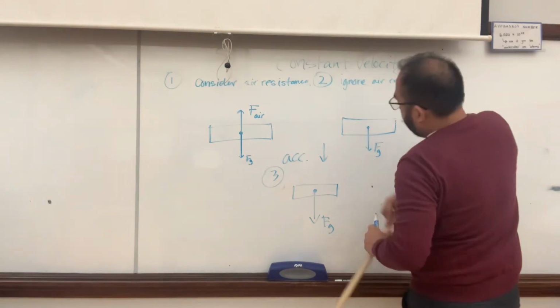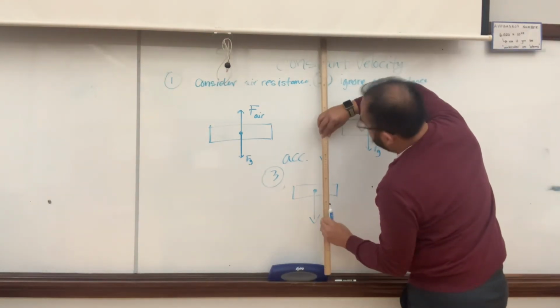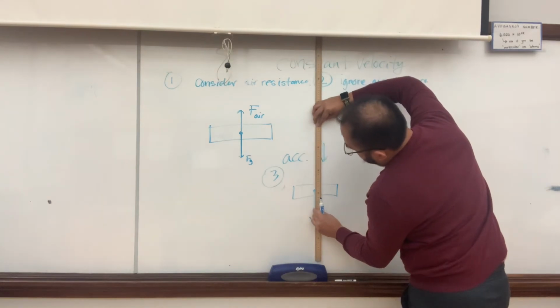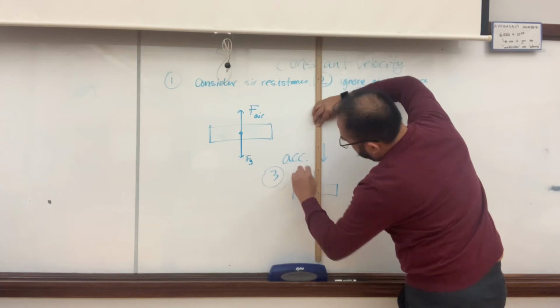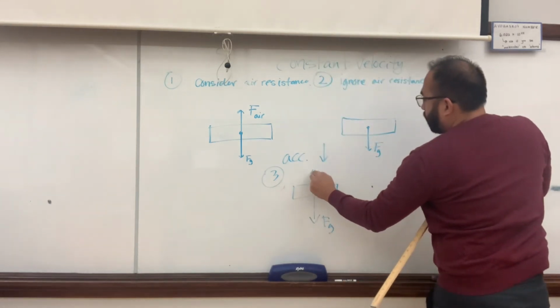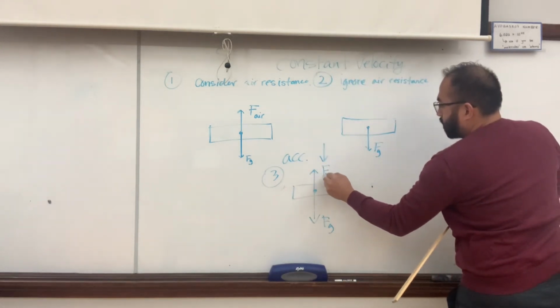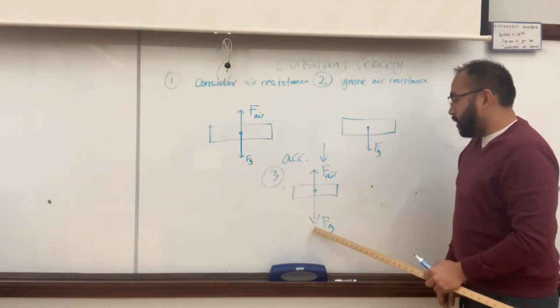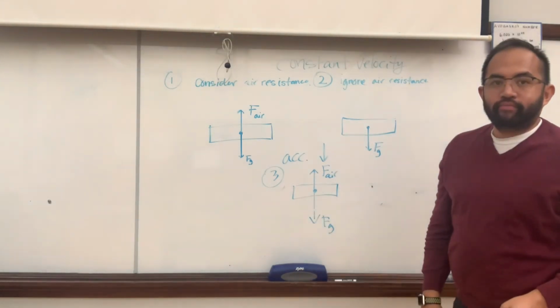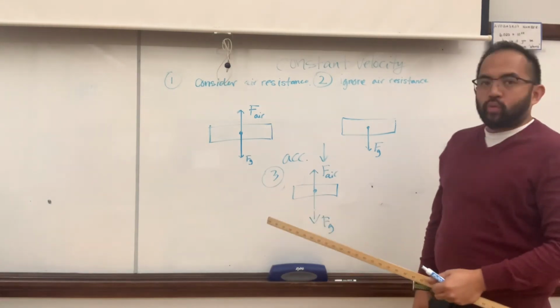So then pointing upward would be my air resistance. But if I'm going to say that it is actually accelerating downward, then my vector for air resistance needs to be shorter than the vector for the force of gravity. All right? So this is what I'm expecting to see.